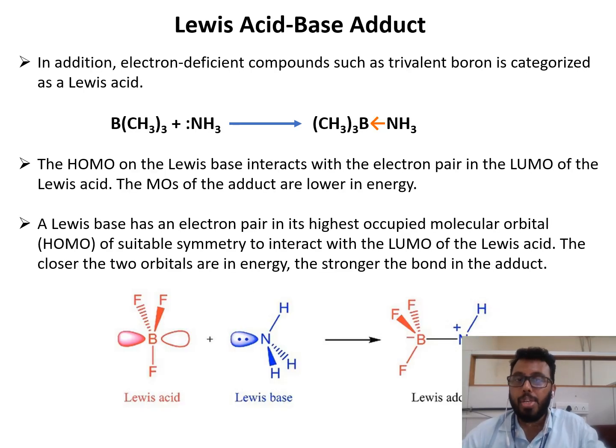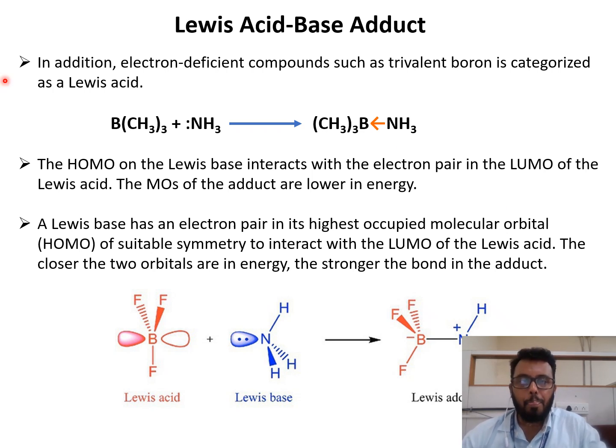Now let's see the Lewis base adduct. In addition to the concepts we discussed in the previous slide, electron deficient compounds such as trivalent boron are also categorized as Lewis acids. So anything that is an electron deficient species is considered a Lewis acid.